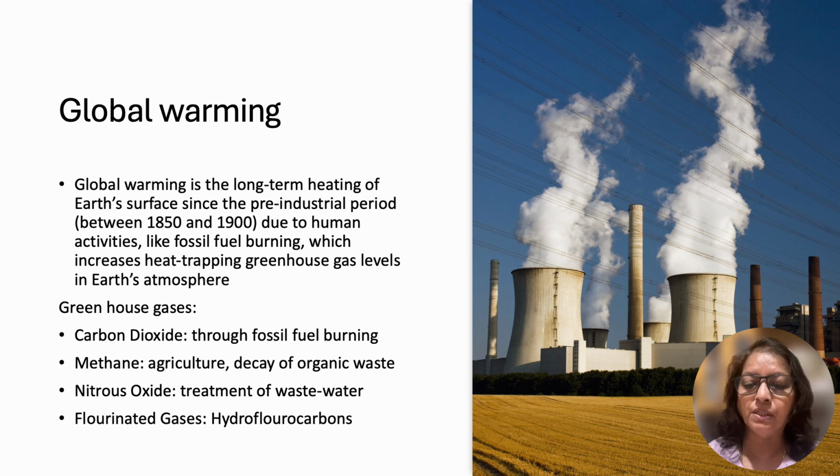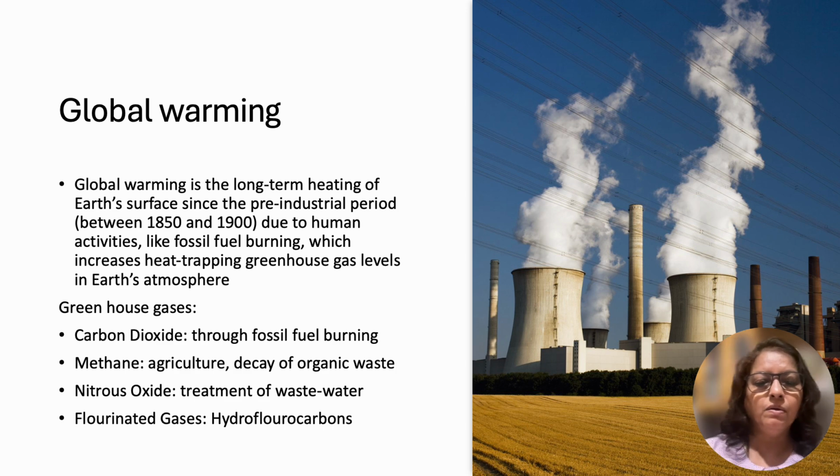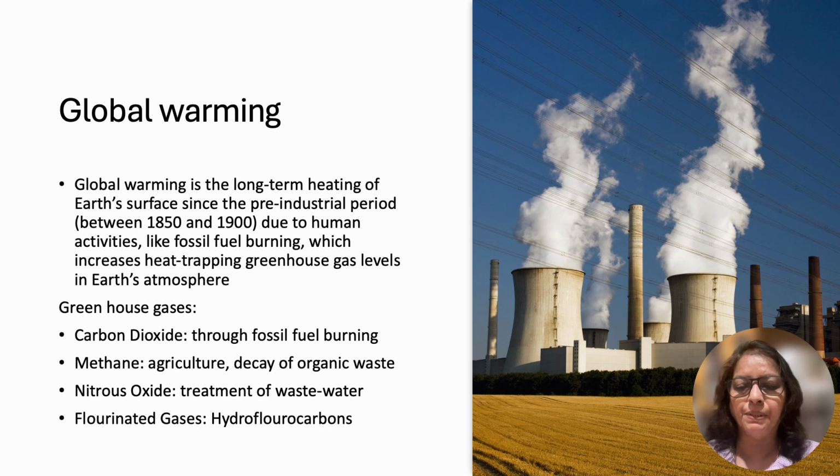Has there been a change in the heating of the earth after 1900 and before 1900 basically? Now, how has this heating happened? Due to human activities like fossil fuel burning, which increases heat-trapping greenhouse gas levels in Earth's atmosphere.